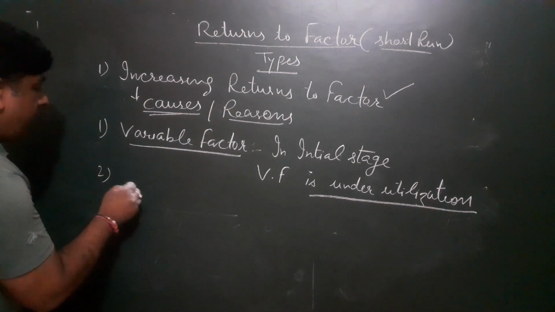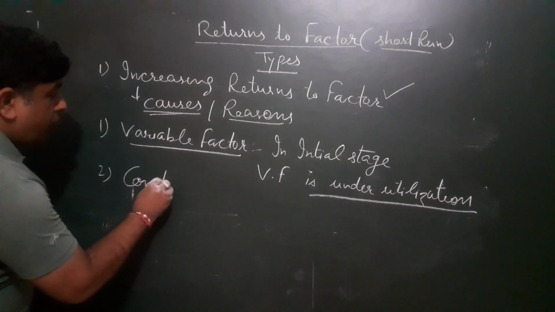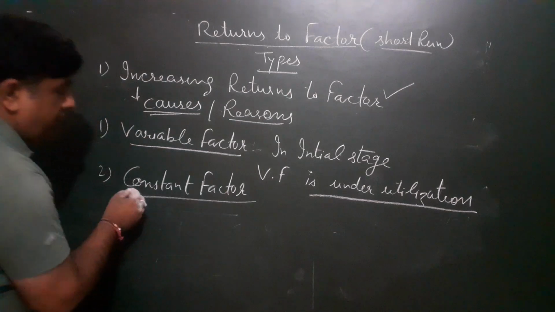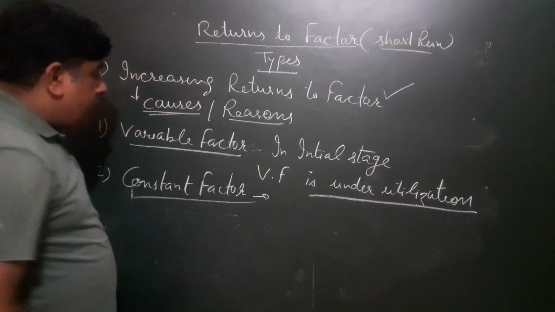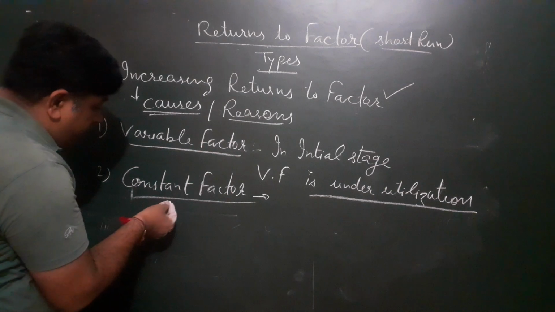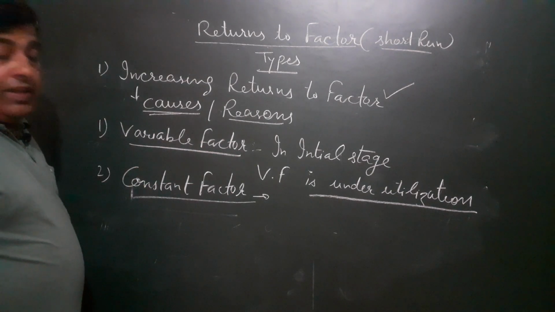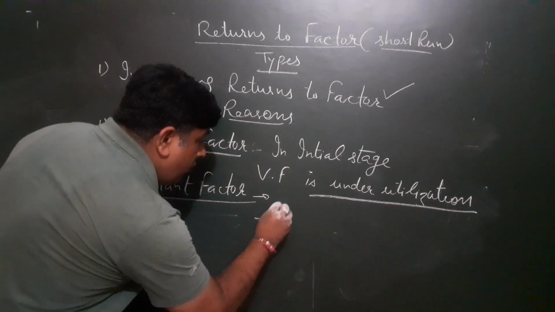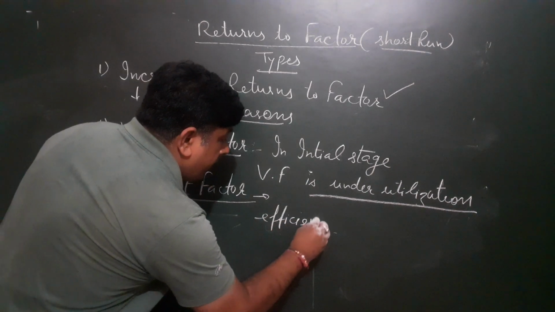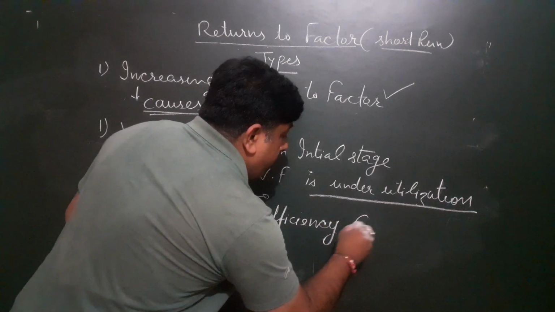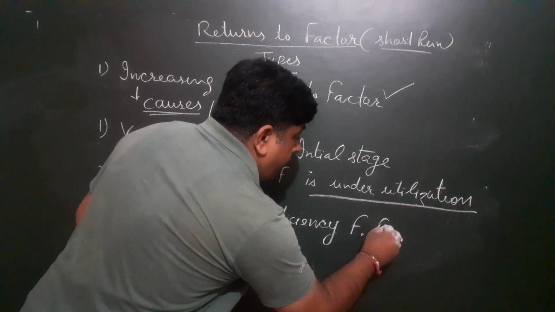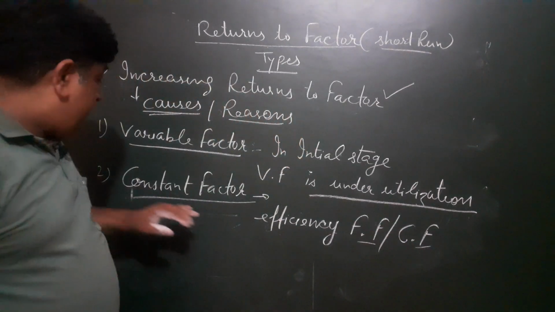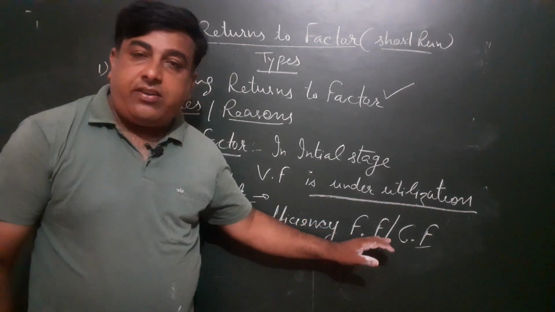Second is constant factor. When we use the variable factor with the constant factor, the efficiency of the fixed factor, or constant factor, increases.